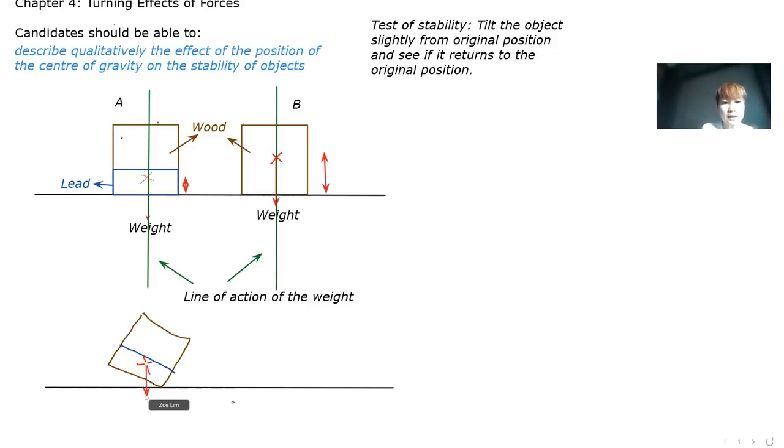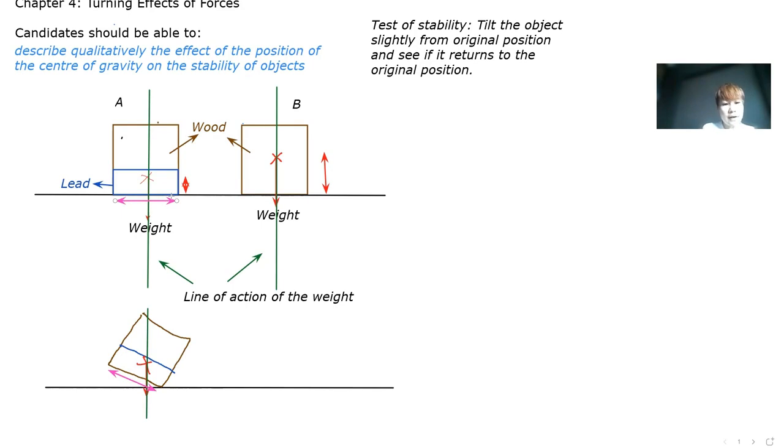And what you realize is the line of action. Okay, so let's draw in the line of action. Can you see the line of action is still well within the base area of this object? The line of action, which is in green, is still well within the base area of the object.